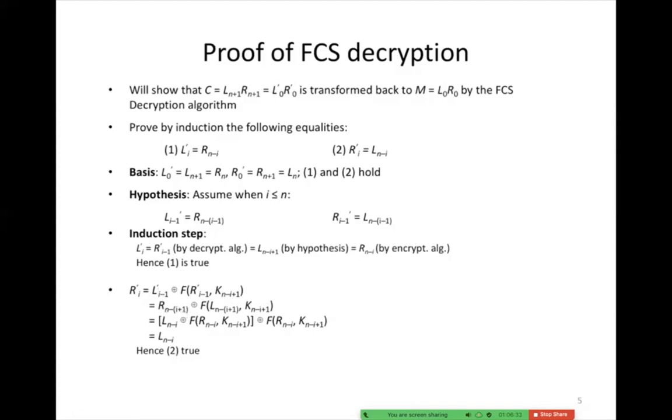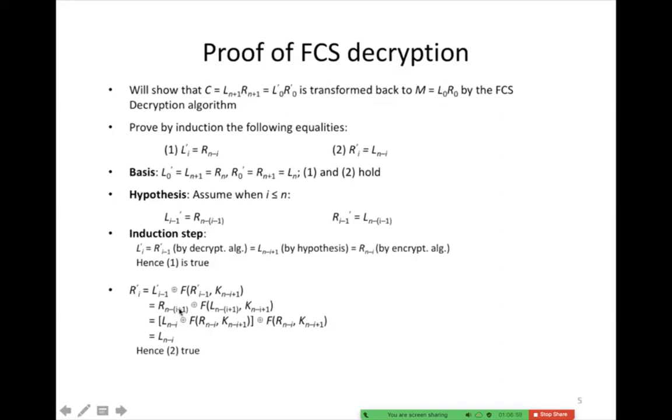Sorry, we know that this is by the hypothesis. So this is a hypothesis, L sub I minus 1 prime is equal to this, which is n minus I plus 1. So it should be minus 1 here.